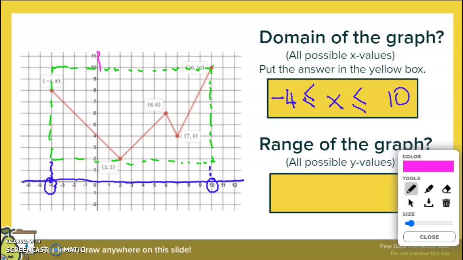That means we go to my y-axis and look at how far the rectangle extends on the y-axis. It starts at 2 and goes all the way to 10. So 2 is the smallest number and 10 is the biggest number, and we're dealing with range, so y goes in the middle, alligator mouth opening to the right. That means all possible values between 2 and 10 is my range.